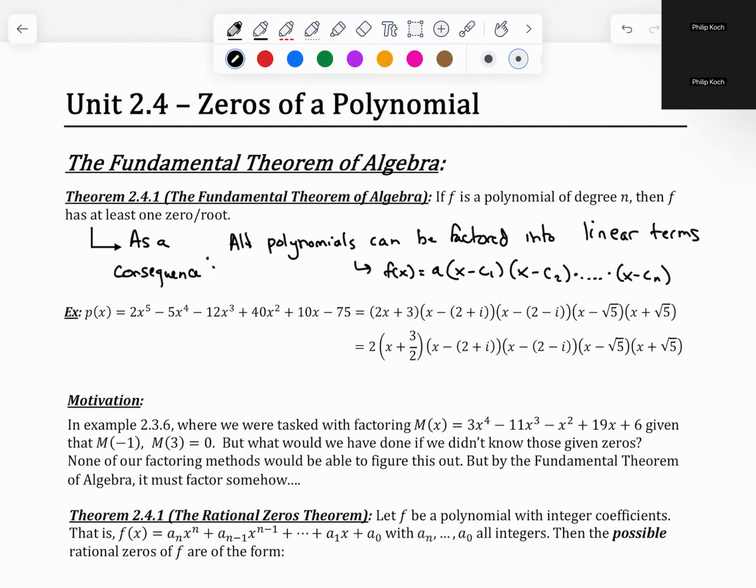Which, if you want to get it into the perfect format, you'll factor out the 2 from the 2x plus 3 and rewrite it like that. And so the other way to write it is that every polynomial can be broken down into linear terms and irreducible or prime quadratics.